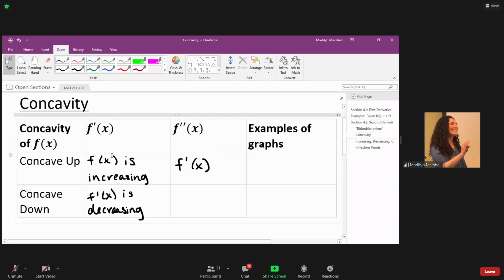Which means, if f is increasing, f prime is positive. So if f prime is increasing, then f double prime is positive. Any function increasing means its derivative is positive. So here, f prime is its own function. So if f prime is increasing, f double prime must be positive because we're just doing the derivative of f prime.